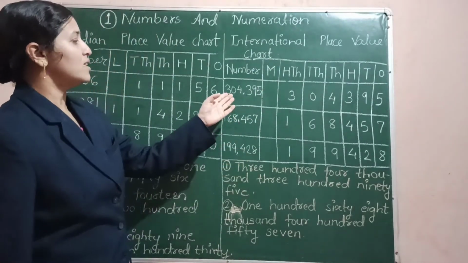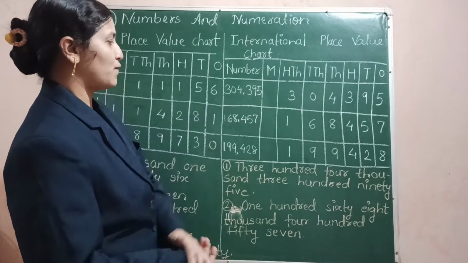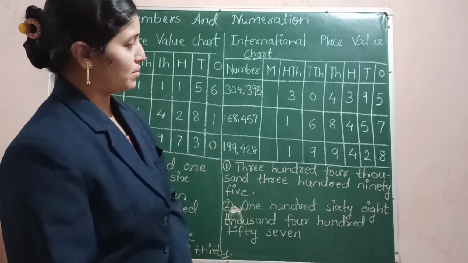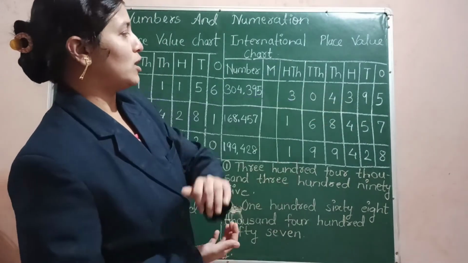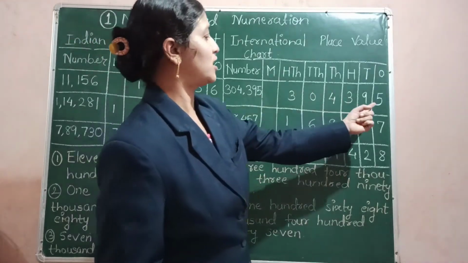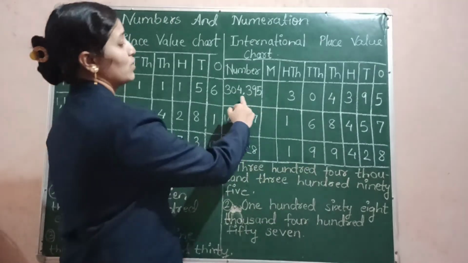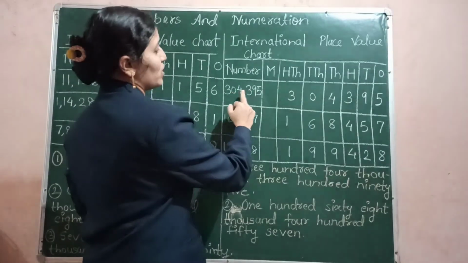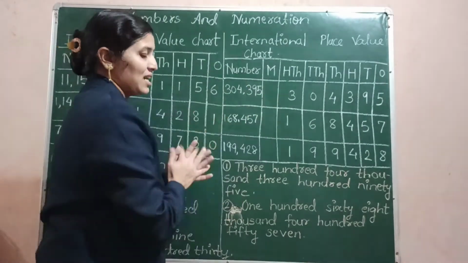So here the number is given, 304,395. So it is a 6-digit number, and I have placed the digits according to the place value. You can see here from the left, 5 is written in ones, 9 is written in tens, 3 is written in hundreds, then 4 is written in thousands, 0 is written in 10,000s and 3 is written in 100,000s.